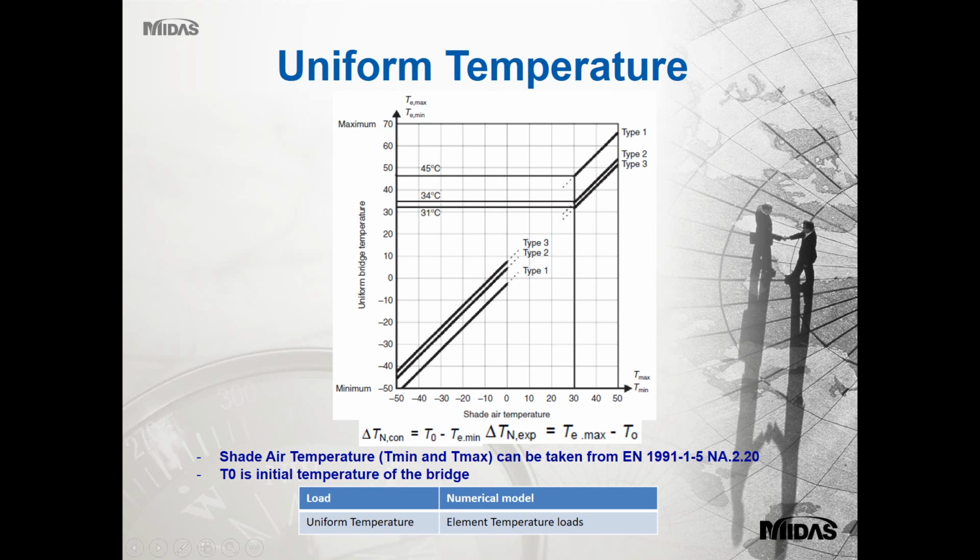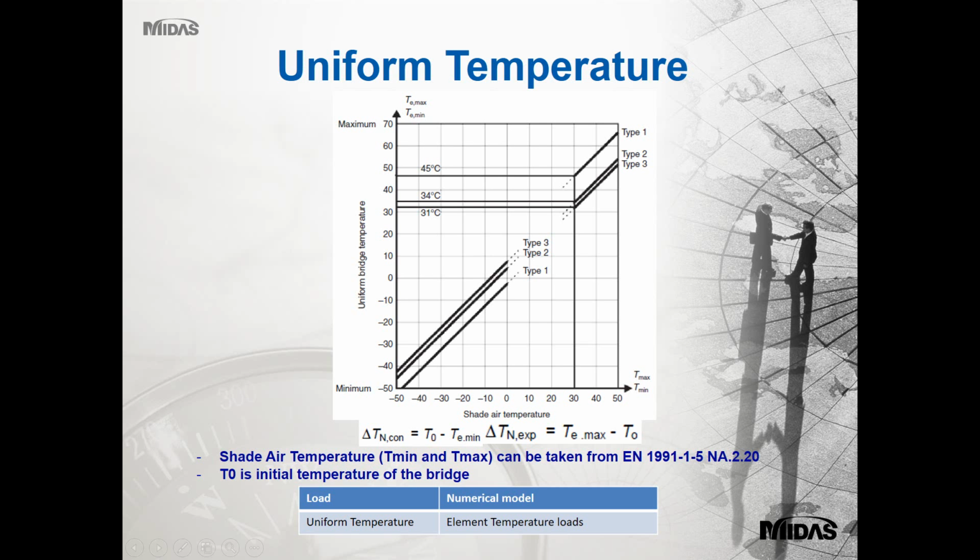So we have these three types mentioned below. Then this is a graph which is for uniform temperature. The maximum and minimum shade air temperature is given in the Eurocode in the national annex for different countries. So from that national annex we pick up the shade air temperature for that particular location, and from this graph we calculate the overall uniform temperature that we need to apply on the bridge.